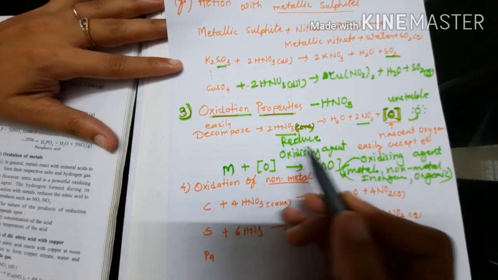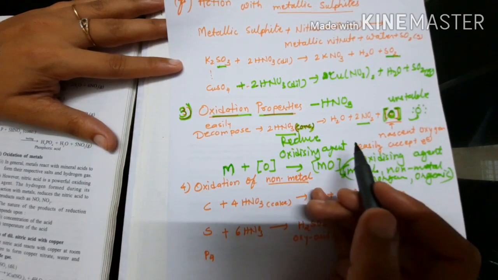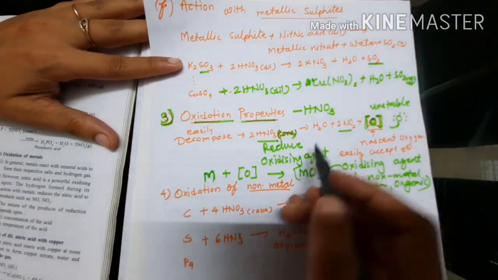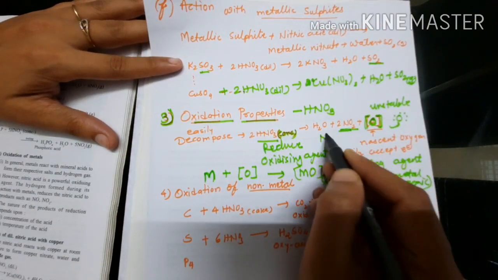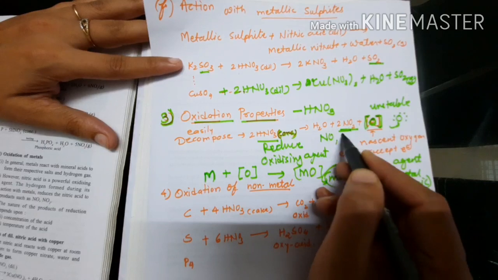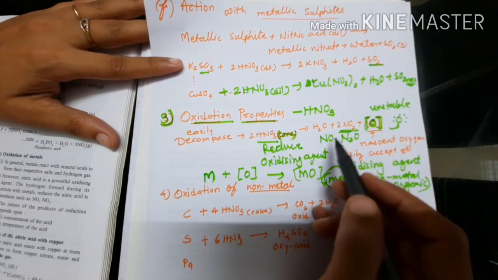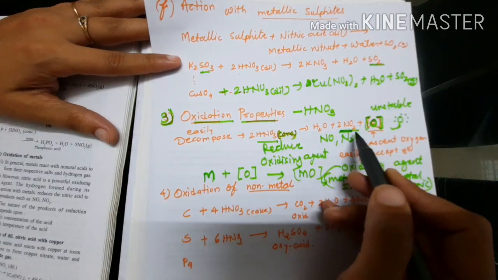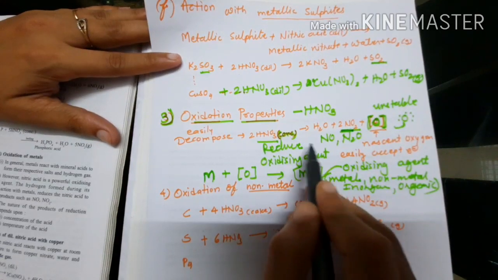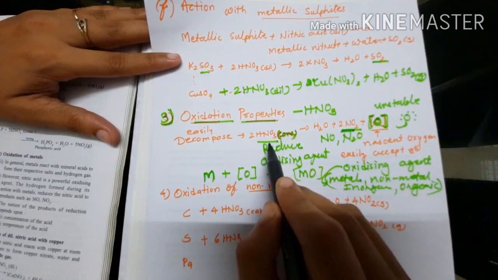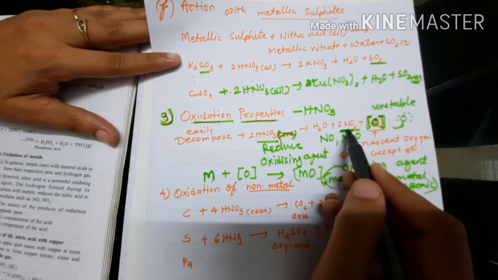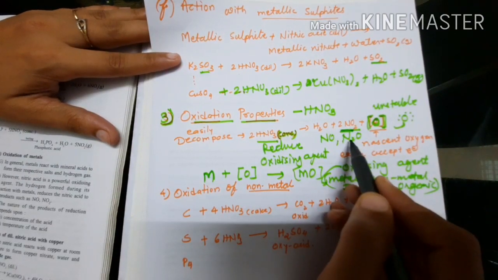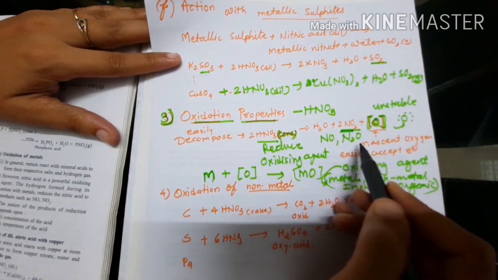Nitric acid itself is reduced, and if it is reduced, products like NO2 will be formed, or NO will be formed, or N2O will be formed. Why is it different, why not the same? At different temperatures and different concentrations of HNO3, it gives different nitrogen products, NO2 or NO or N2O.